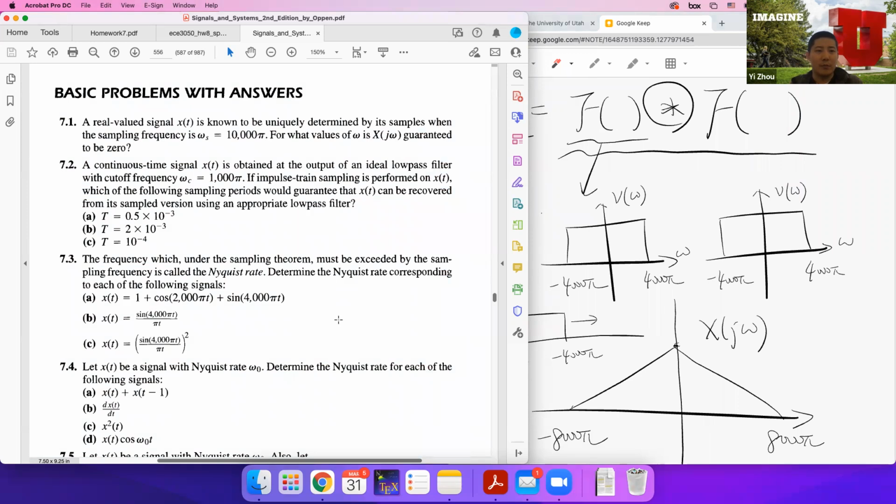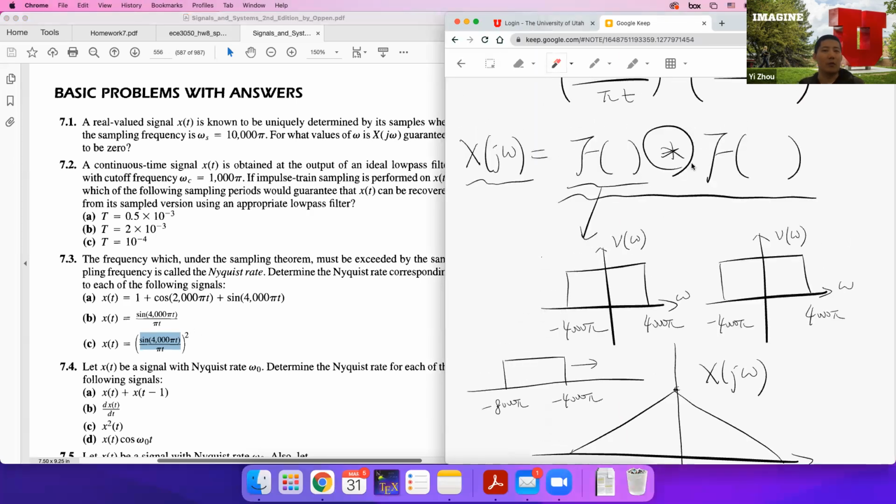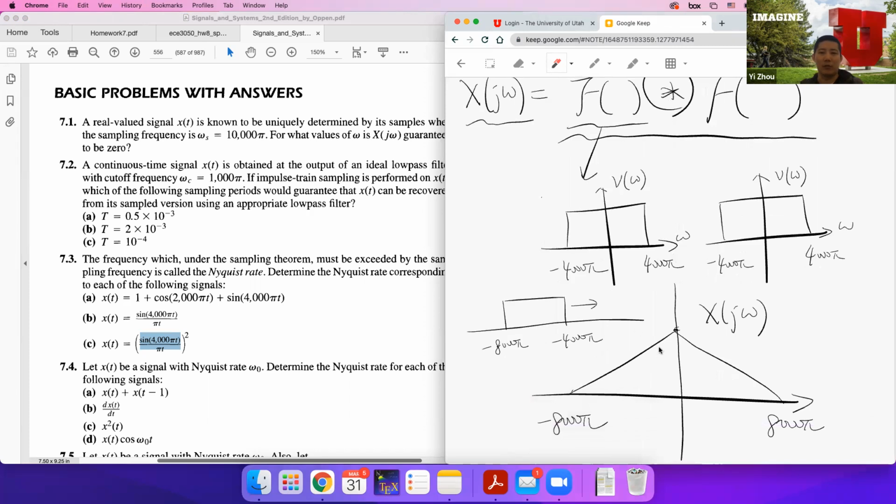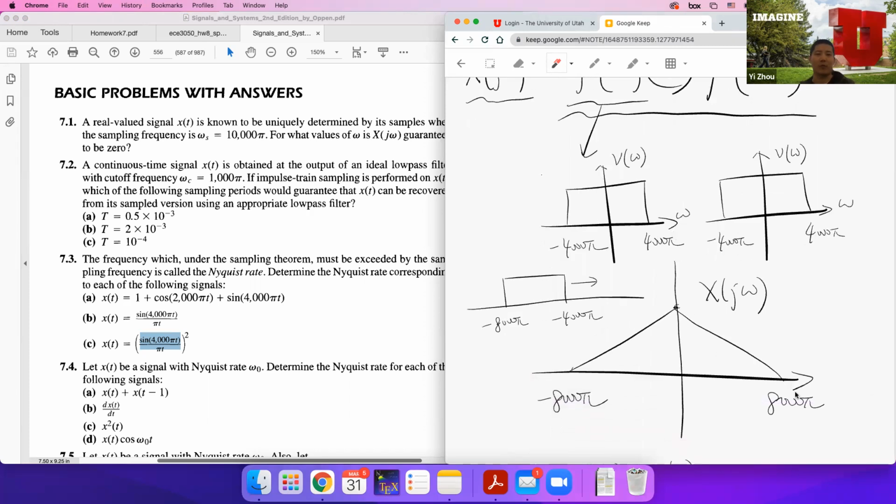So this actually implies that if you take a signal and raise it to the power of 2, this operation will increase the bandwidth of the signal, right? Because when you raise it to the power of 2, you are doing convolution in the frequency domain, and the convolution will expand the spectrum of the signal. So you can see the resulting signal has a wider spectrum.